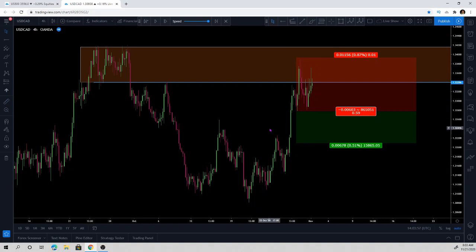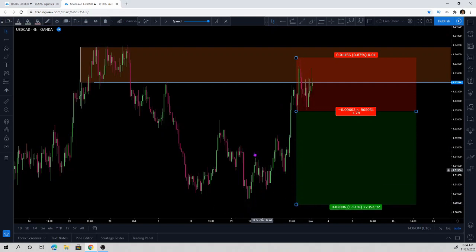Now, where are we going to put our targets? Are we going to put our targets here at the bottom? This would give us a 1 to 1.74 risk to reward ratio for a nice 200 pip move. So this is a trade that I would take all the time. Why?